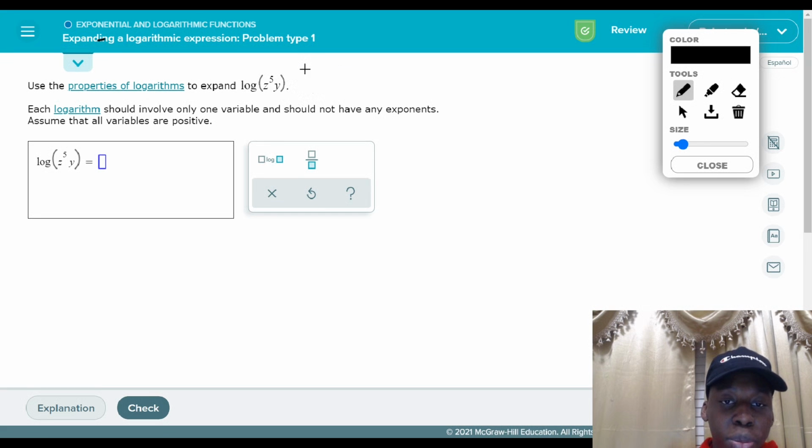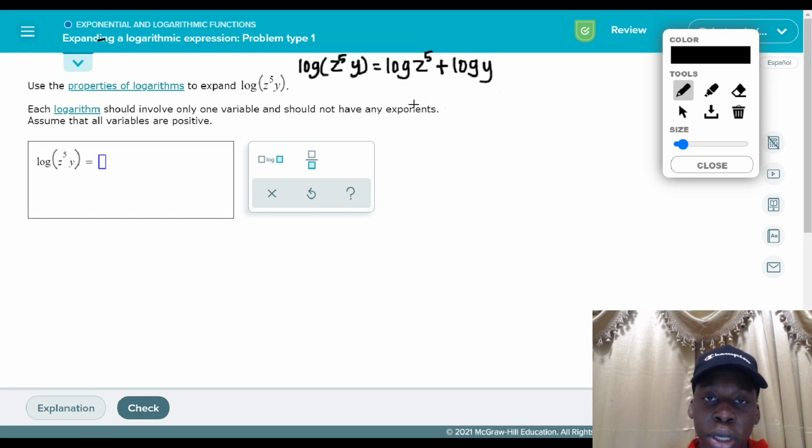And whenever we're multiplying, we always have to add the logarithms. So when we say log of z to the power 5 times y, this is basically saying log z to the power of 5 plus log y. So we have to add the logarithms in that case. Now this is basically the expanded form, but this question says we should not have any exponents.